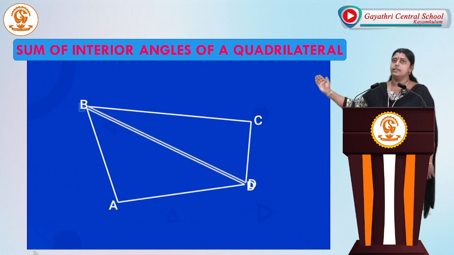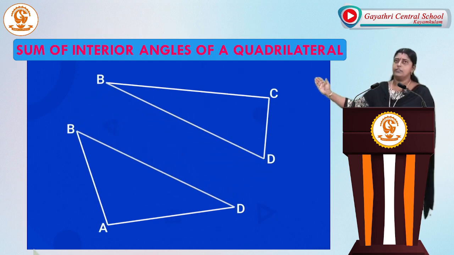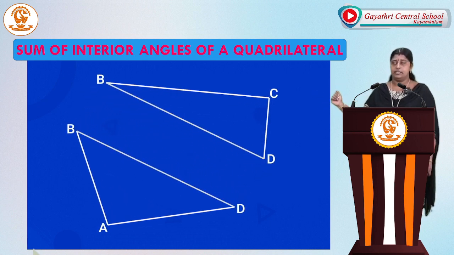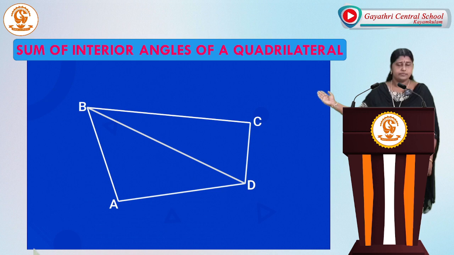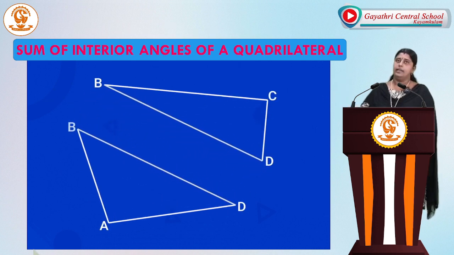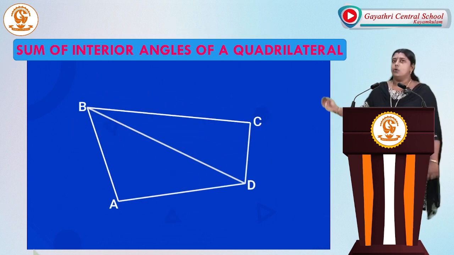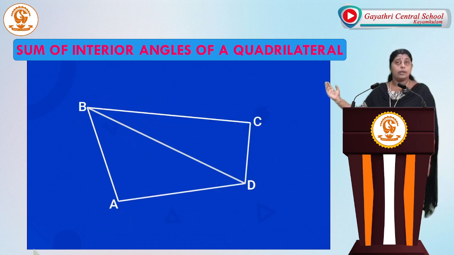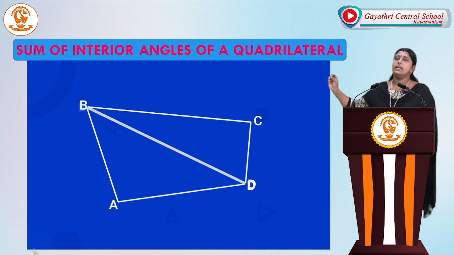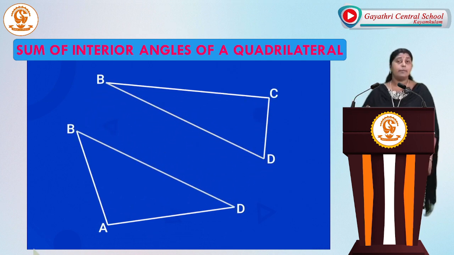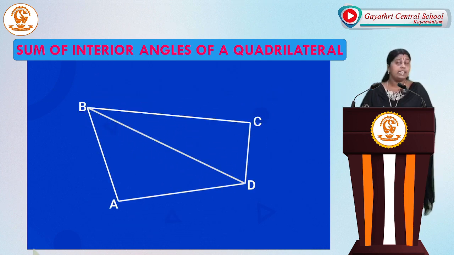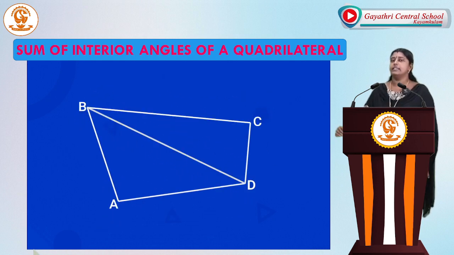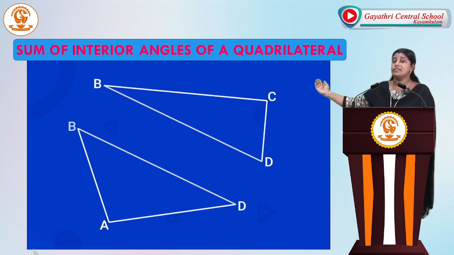Okay, let us apply this property in polygons, starting from a quadrilateral. Here we can see a quadrilateral, a four-sided polygon. Can you see a quadrilateral here? Yes, ma'am. For finding the sum of interior angles of a quadrilateral or a polygon, we have to draw a diagonal from any one vertex, not from all vertices, to its non-adjacent vertices.